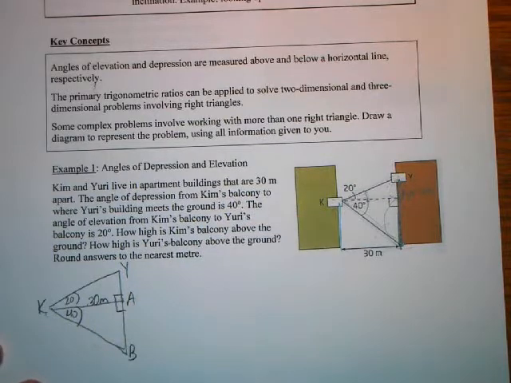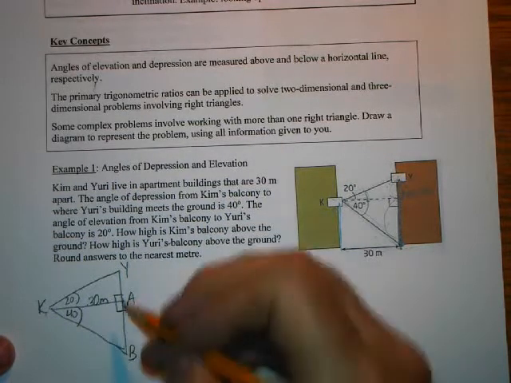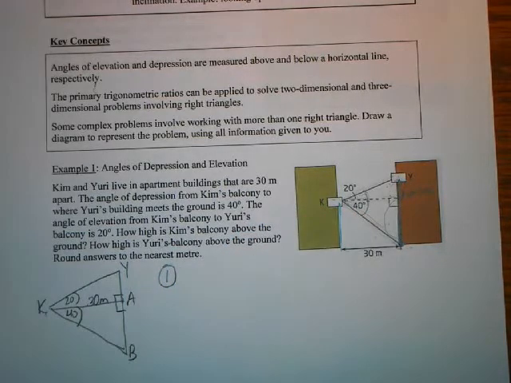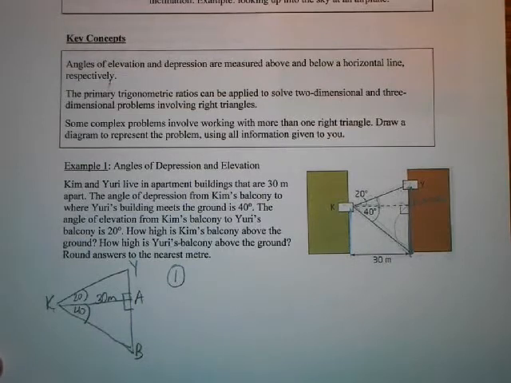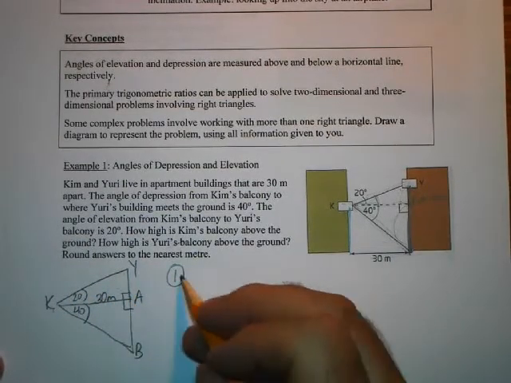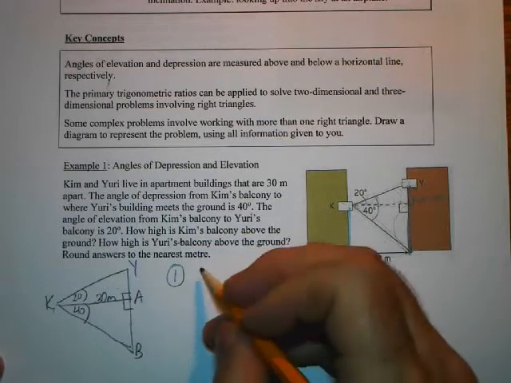So first thing we're going to do is look at this bottom triangle. When you're dealing with multiple triangles, you obviously want to label them so you can talk about them and identify them. In this case, since I have two, and I'm going to do something in step one, I want to say which triangle I'm using.